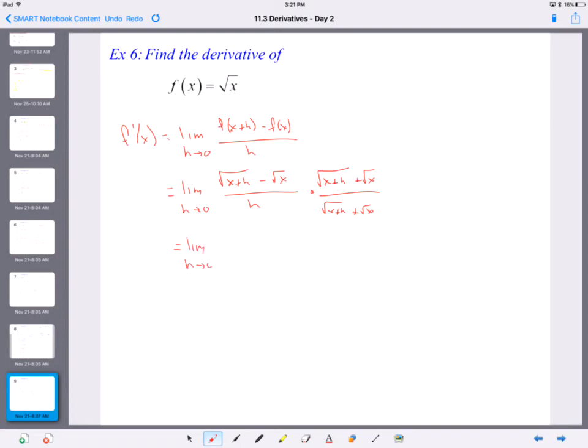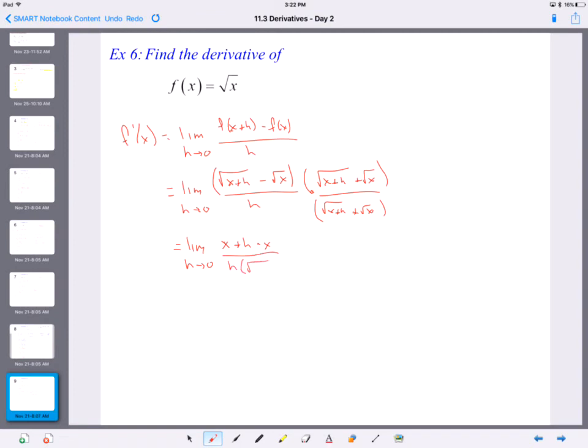So the limit as h approaches 0, so we'll take this binomial times this one. And the middle term cancels, so you have the square root of x plus h times the square root of x plus h. So that's this. It's just x plus h. And then the middle term cancels, and then you have the square root of x times the square root of x, which is just minus x.